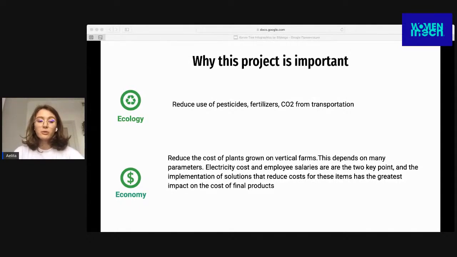And the cloud platform that the farm company is developing helps to avoid involving expensive specialists in the staff, such as engineers, agronomists, plant protection specialists, and many others. Because their system already contains ready-made so-called recipes for growing the plants.